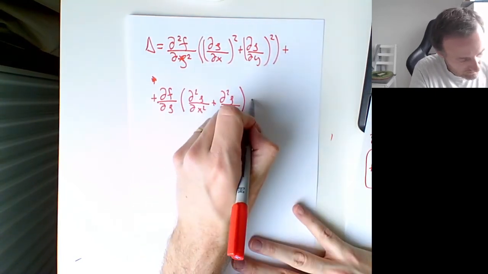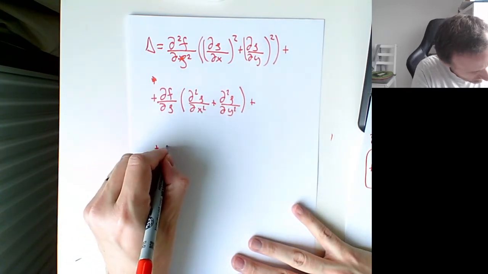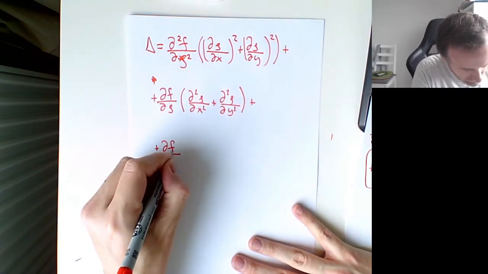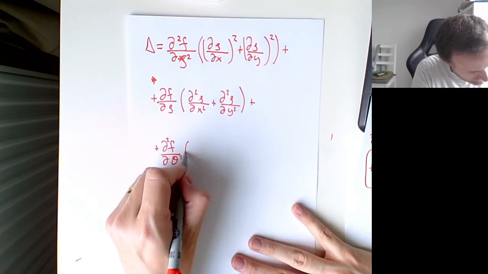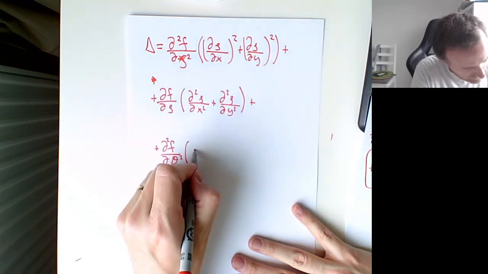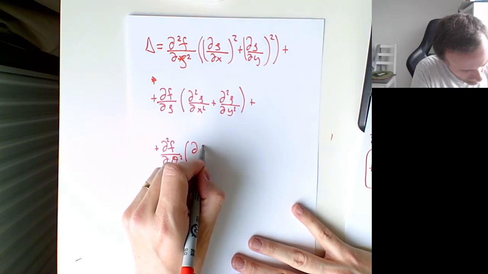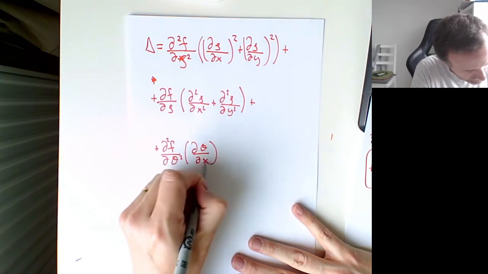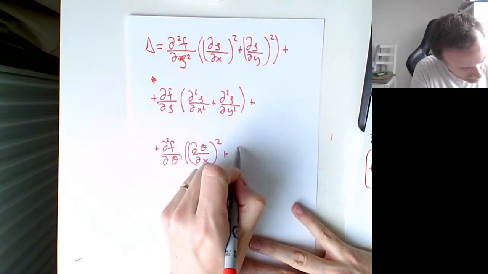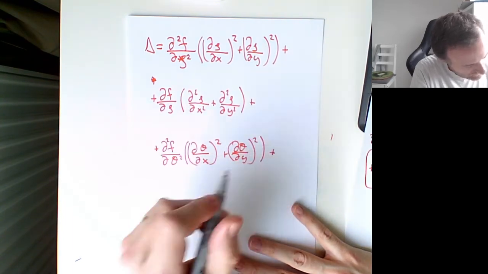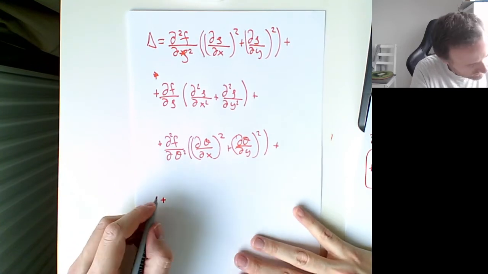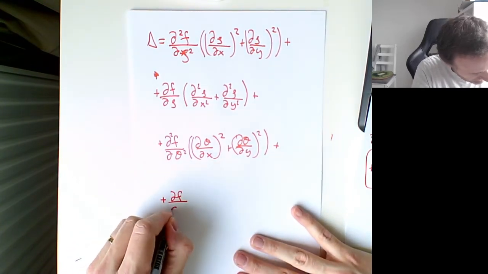Now with respect to theta, what we get is something similar but with x. And finally, with respect to just theta, 1 theta.